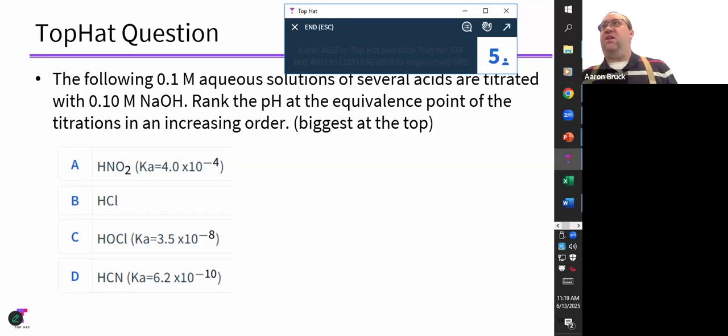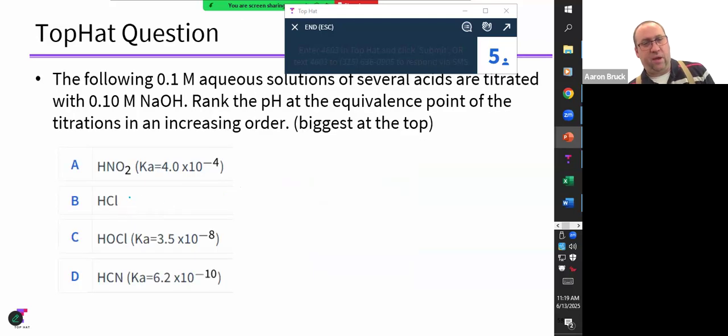So the answer to this question really comes down to, do we understand our conjugate theory? Obviously, with the hydrochloric acid, since this is a strong acid, the pH is going to be equal to 7. All of these others are going to be pH greater than 7 because they're all weak bases otherwise.